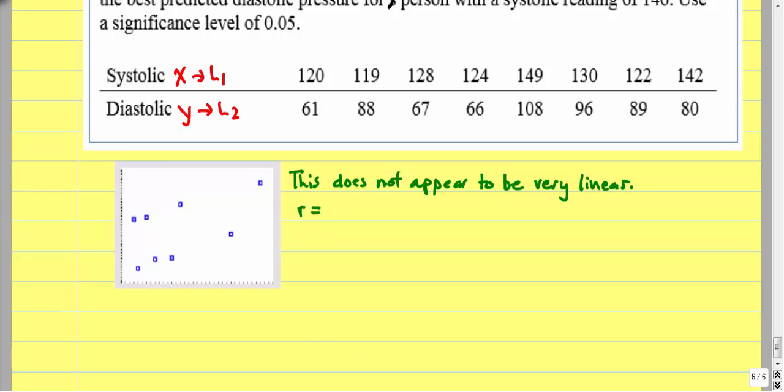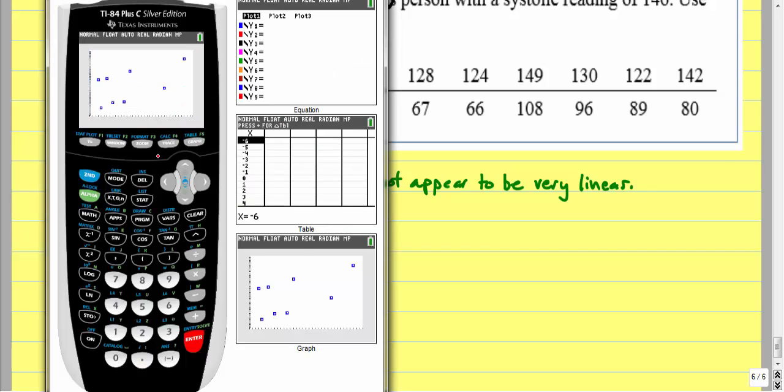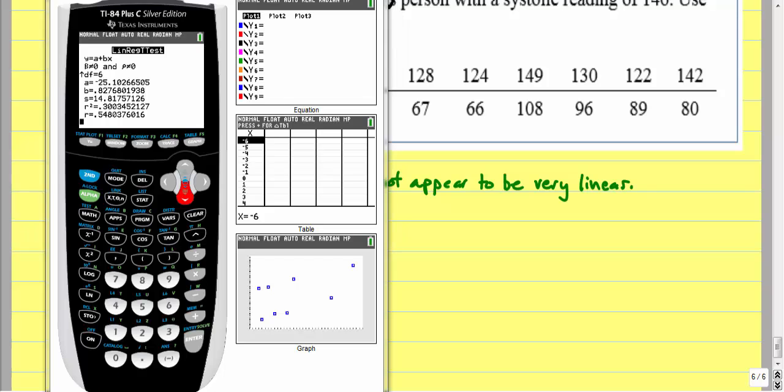Okay, let's open up our calculators again. Let's go into Stat, Tests, because we're trying to find our value for r. You can scroll up or down, but I'm looking for LinRegTTest. So I want L1, L2, and I don't really care about the not equal to case because that's not what I'm testing here. I don't want it to go into my regression equation, and I'll just hit calculate and then scroll down until I see r, because that's really what I'm interested in.